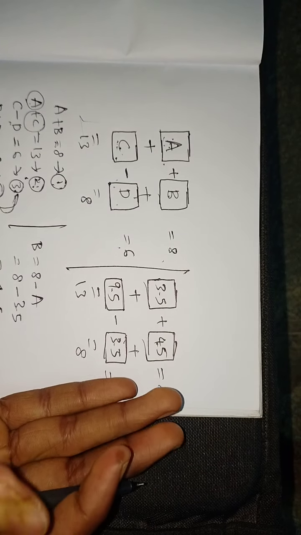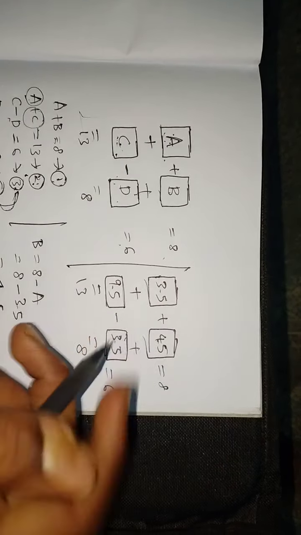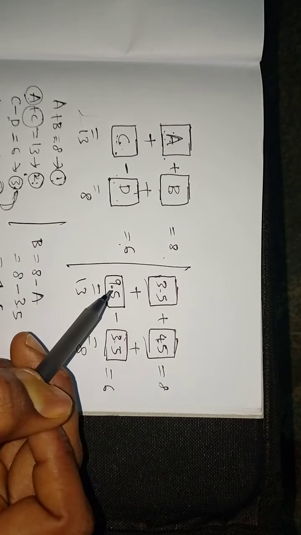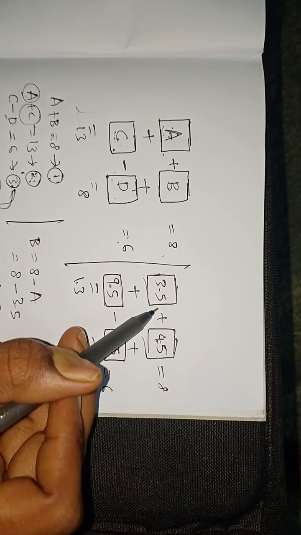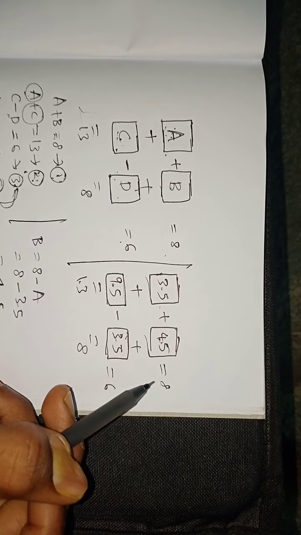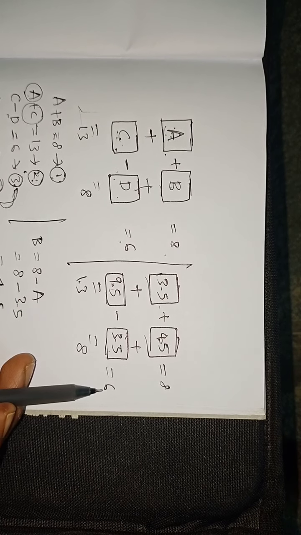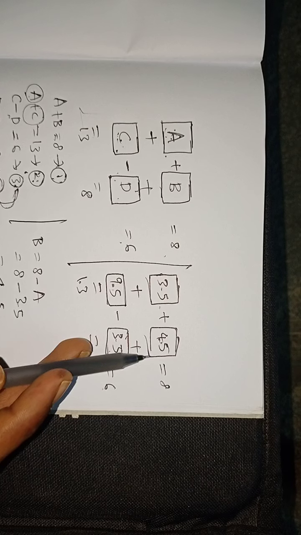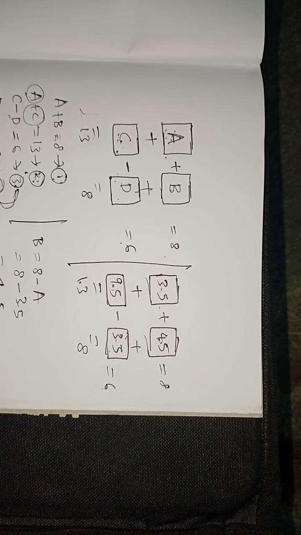We can also test by adding: 3.5 plus 9.5, nothing but 13; 3.5 plus 4.5, nothing but 8; 9.5 minus 3.5, nothing but 6; 4.5 plus 3.5, nothing but 8.